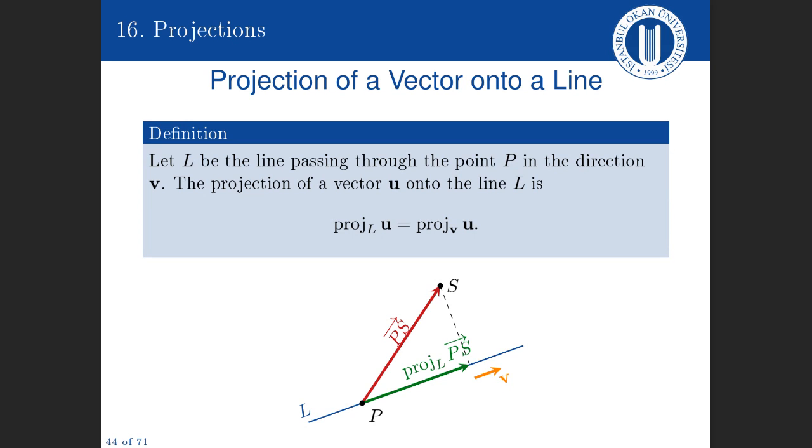If we imagine that there is a sun up at the top, we could be looking at the shadow of the red vector on the blue line. The projection of the vector u onto the line L is just the same as the projection of the vector u onto the vector v.